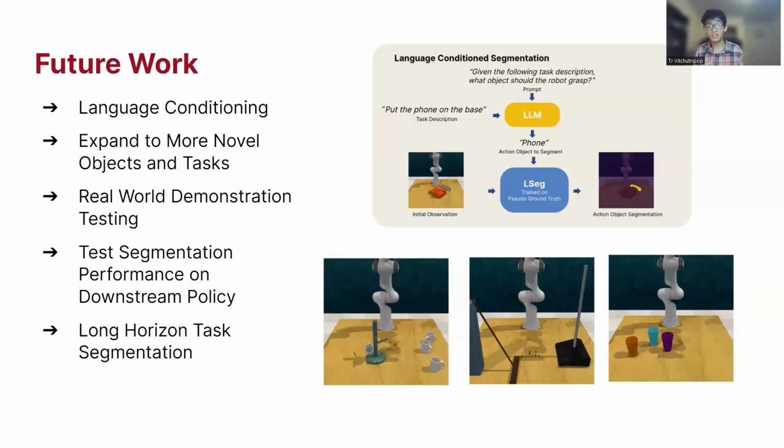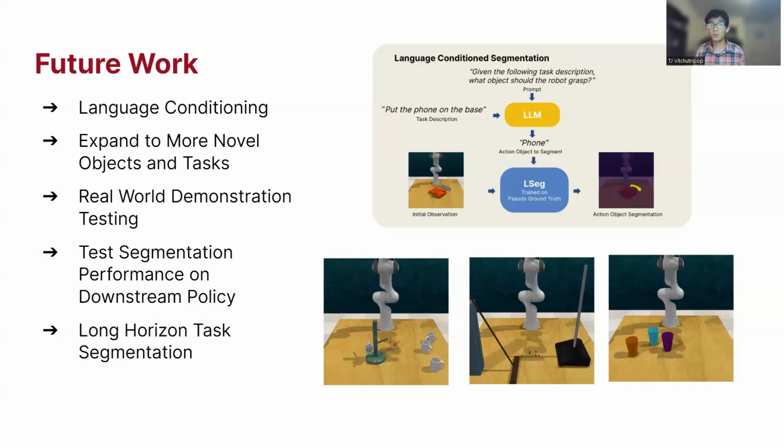Our future work focuses on incorporating language conditioning into segmentation in order to have a single segmentation model that takes in a description of the task and an observation of the scene and segments the action object accordingly. We'd love to expand to more novel objects and tasks, and you can see some of them here from RLBench.